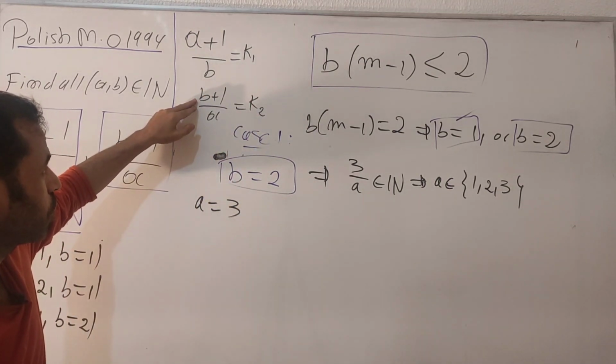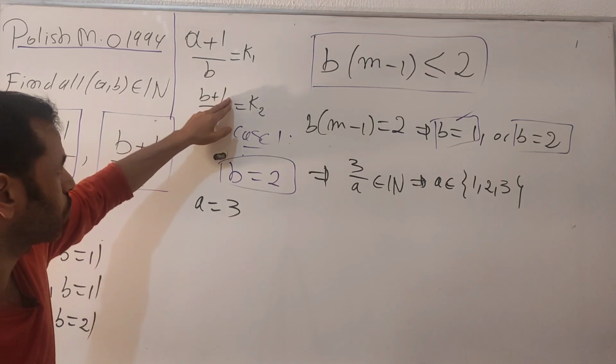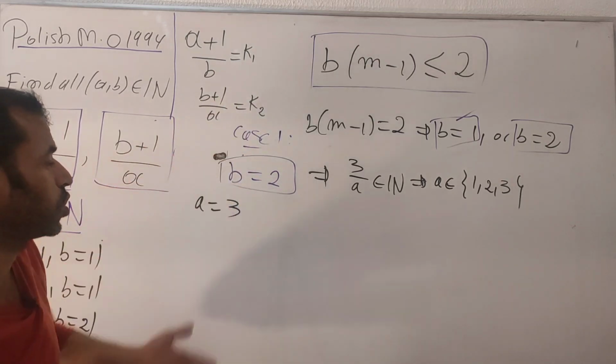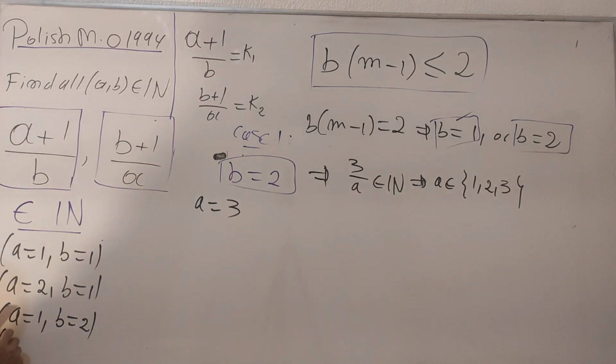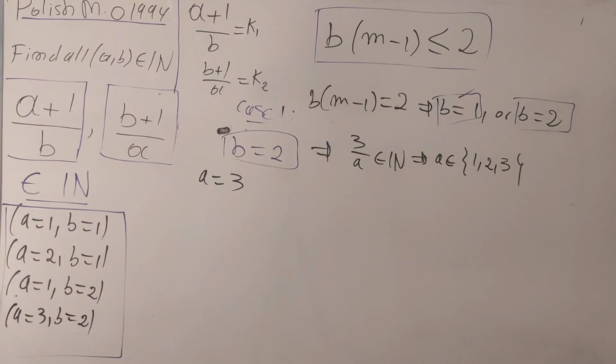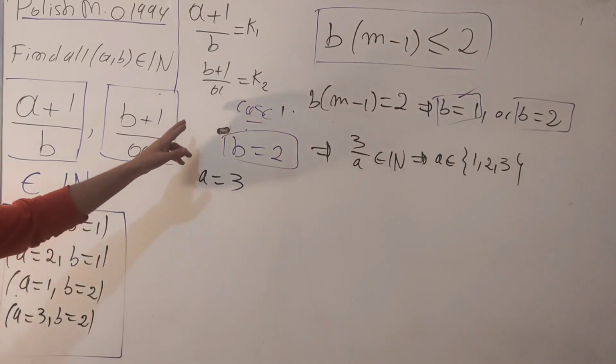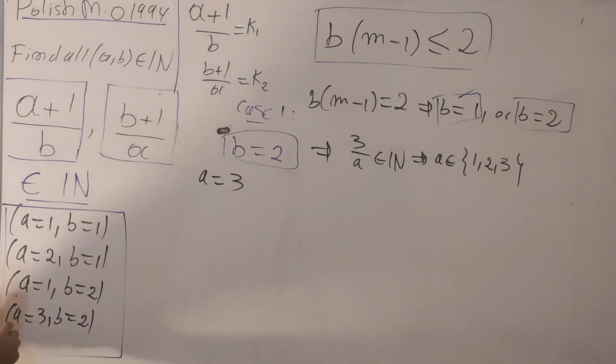For the next fraction, I get 2 here plus 1, which is 3. 3 over 3, which is 1, which is good to go as well. So I have the final solution, which is a equals 3 with b equals 2. Okay, for the symmetry reason, I will have the same thing. We have another solution. We have a equals 2 with b equals 3.